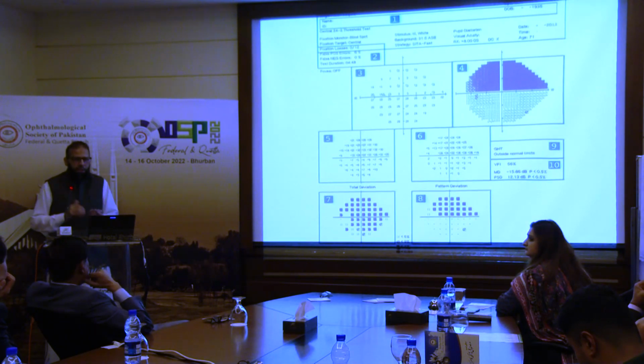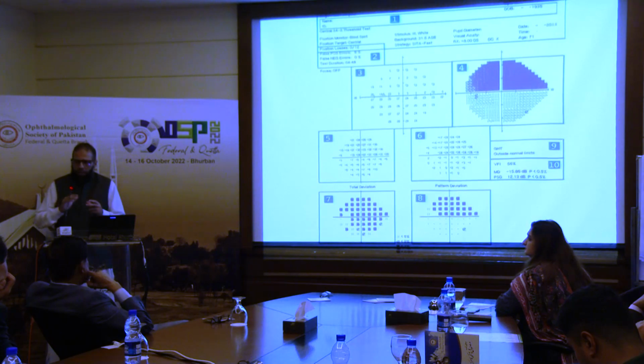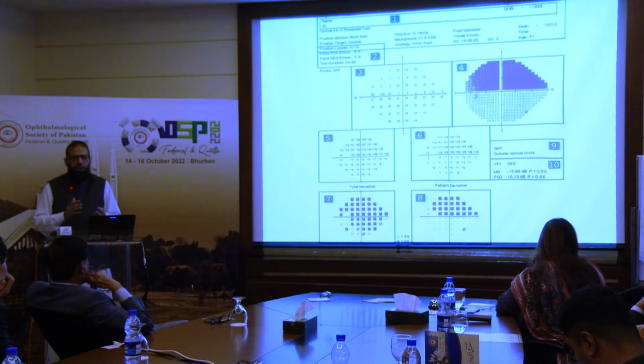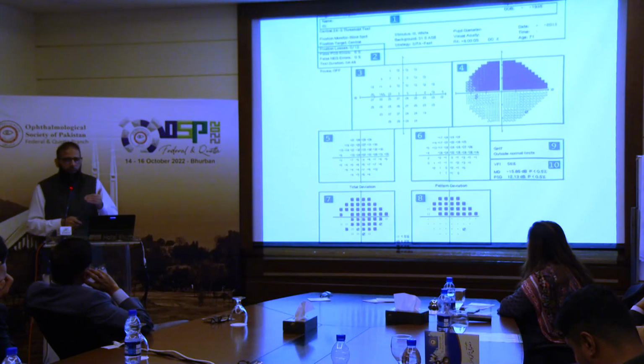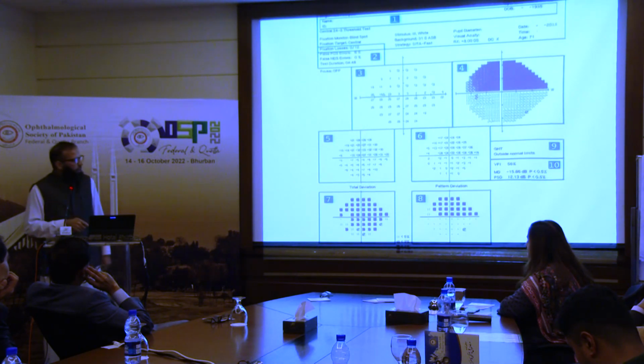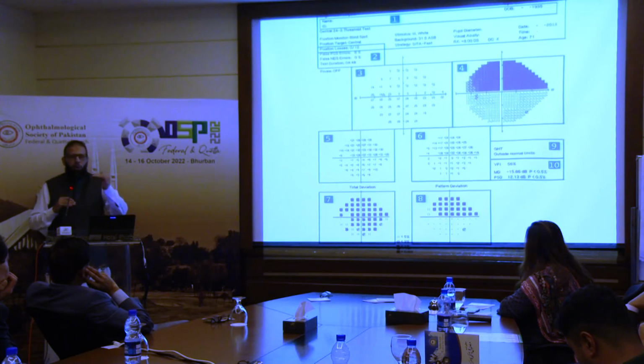So these conditions result in diffuse depression in the hill of vision. Because in glaucoma we are particularly looking at focal defects, in order to find those localized defects, the first thing is to bring this hill of vision to the normal level.